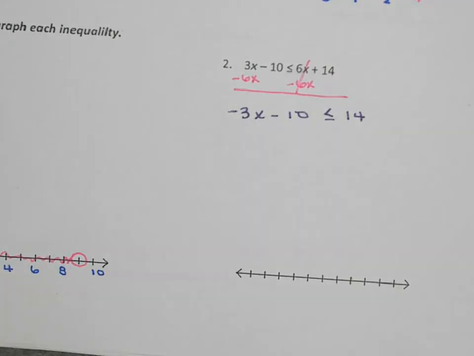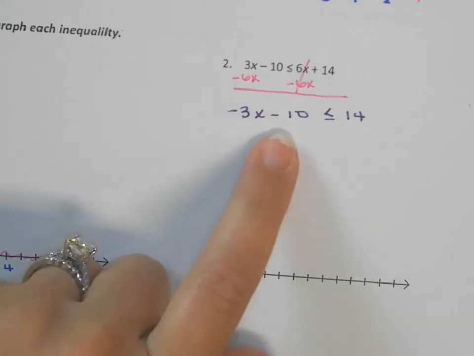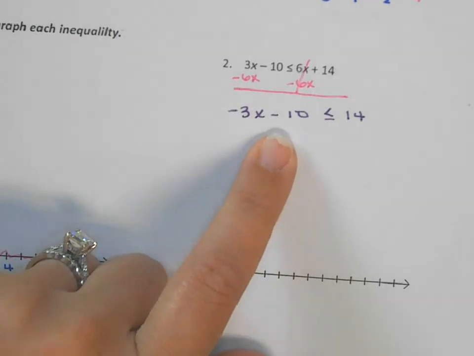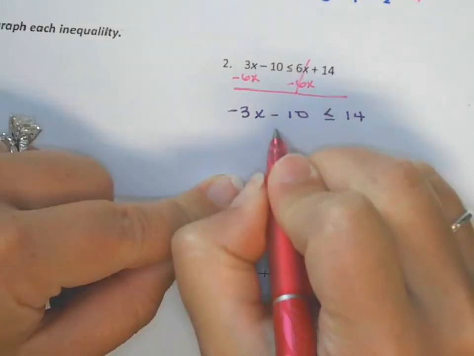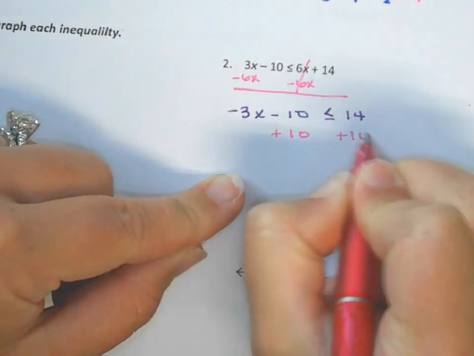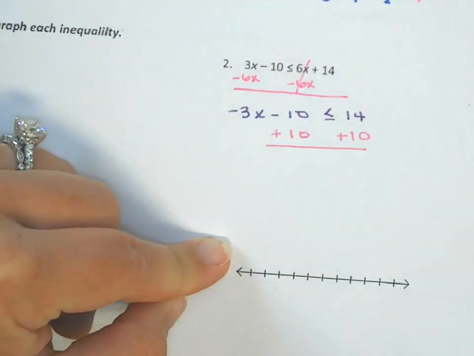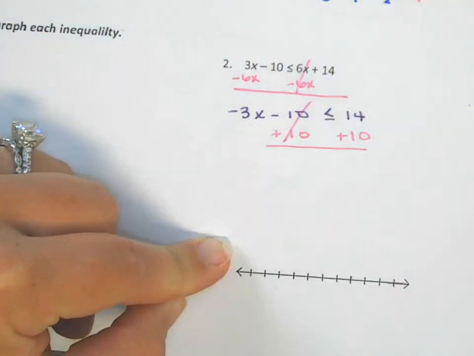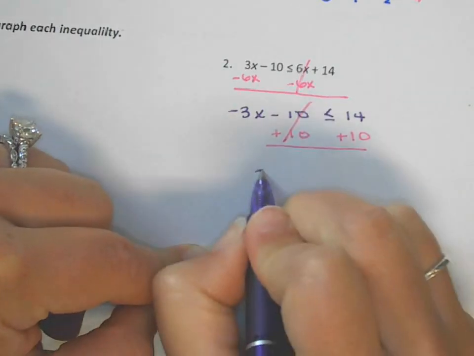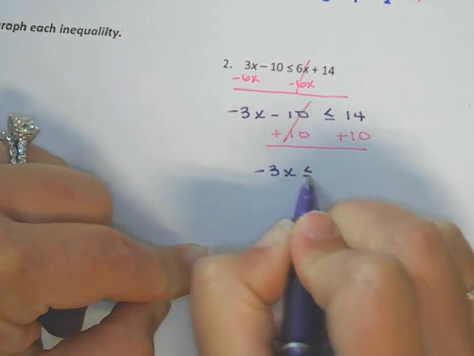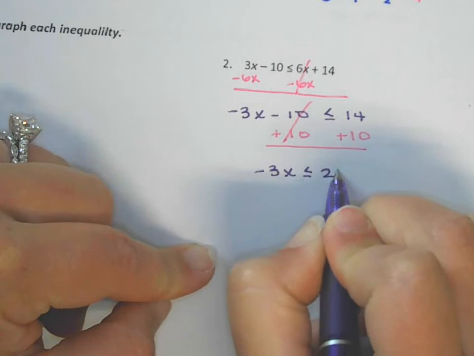It doesn't matter which side you decide to move the x's to. All right. Now we still have to get rid of that minus 10 part. So we're going to add 10 to both sides. We have -3x is less than or equal to 24.